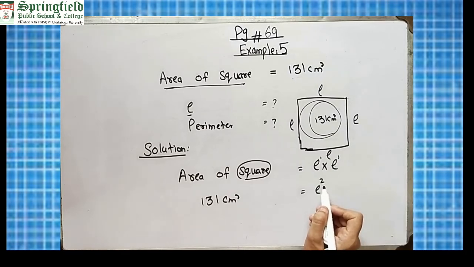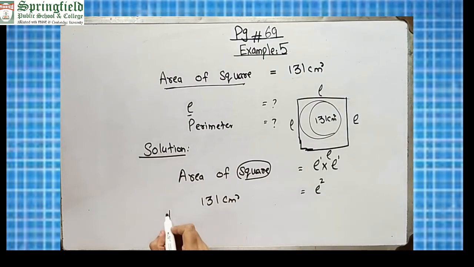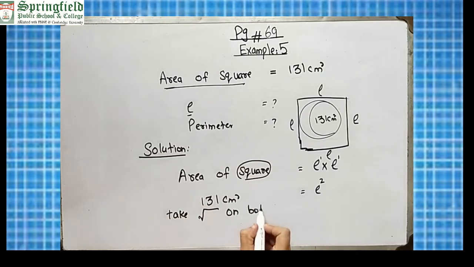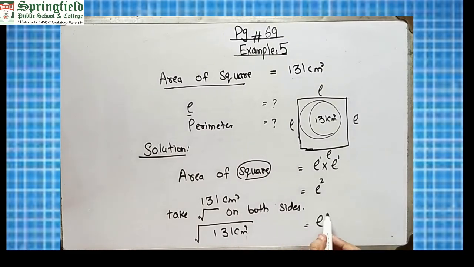Beta, we can remove the power 2 by taking the square root. So take the square root on both sides. So root 131 centimeter square is equal to root of L square.